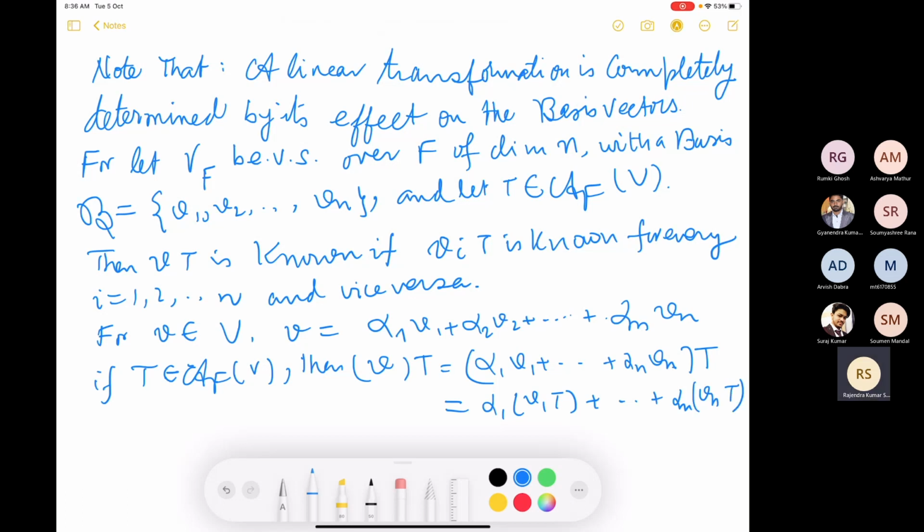So if you know each viT, you know vT. And the converse, of course, is straightforward: if you know vT, you naturally know viT. So for a linear transformation, to define it, there could be two ways. One is that you simply write the image of v under T, that is vT. Or you can write each viT and find out vT for arbitrary v.